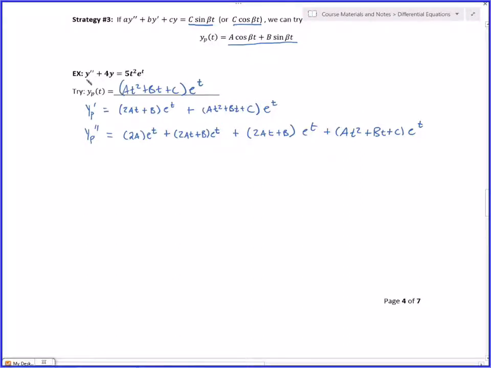Okay, so on the left-hand side, I have double prime, so I'm going to take all of this. 2a. I could simplify it, but I'm not going to.